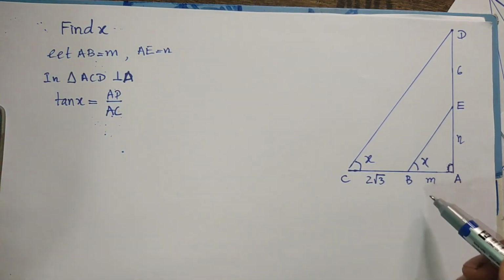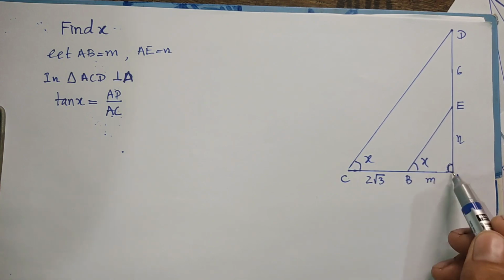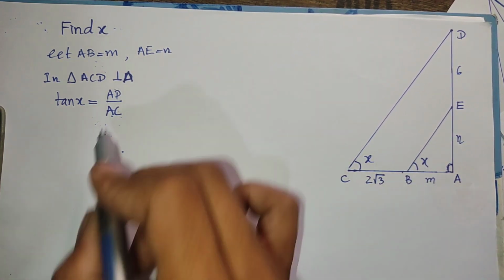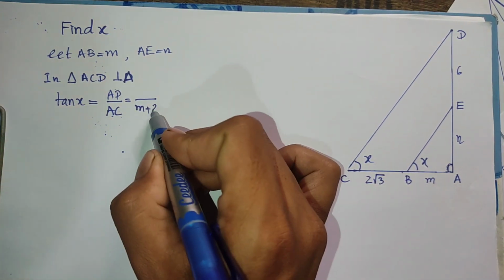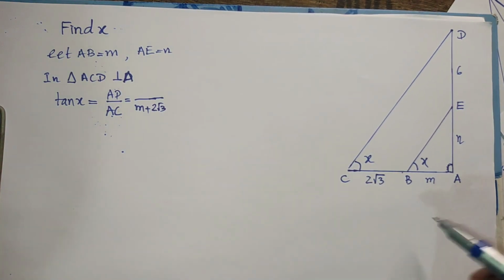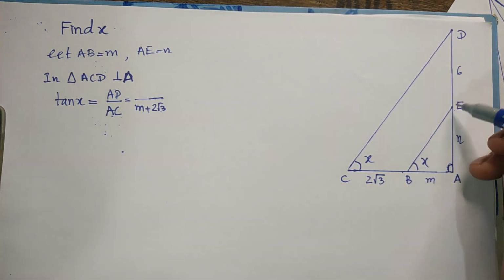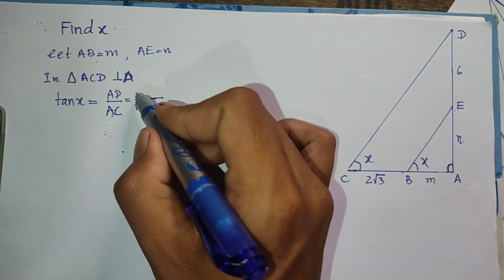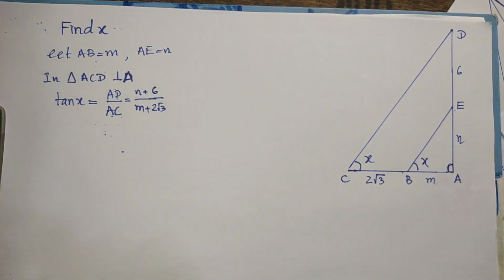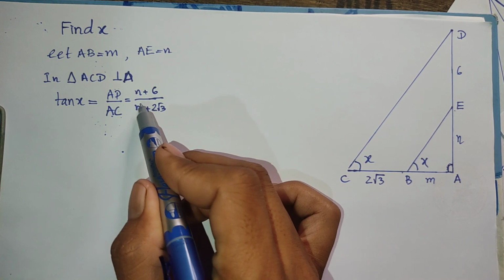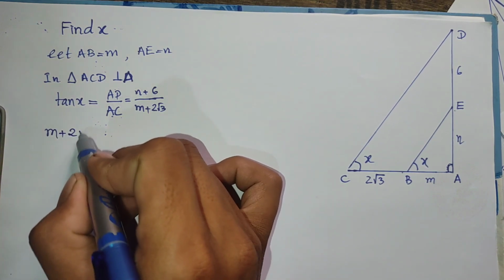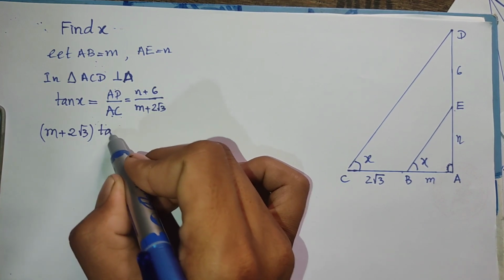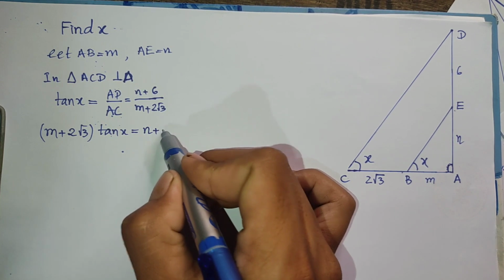We see that AC is equal to AB plus BC, so it equals m plus 2 square root 3, and AD is equal to AE plus DE, so it equals n plus 6.